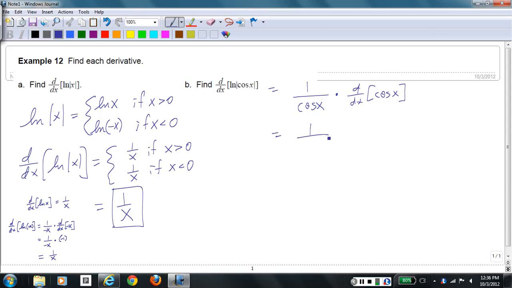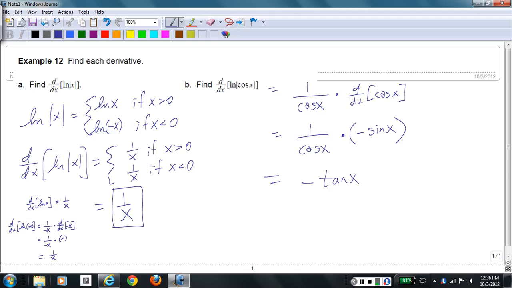So this equals 1 over cosine x times negative sine x, which equals negative tangent x, like that.